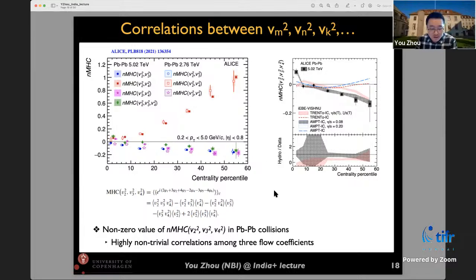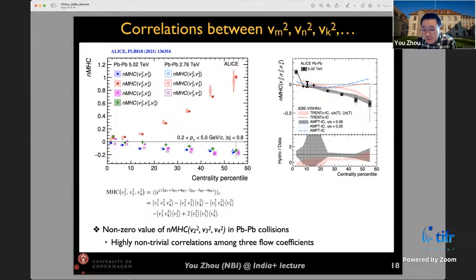And this is clearly a non-trivial correlation between the three different flow coefficients. And when you compare to the model calculations that can describe, again, V2, V3, V4 as a function of centrality, they fail quite a bit when you compare to the new observable. So for example, take the AMPT, i.e. the Vishnu hydrodynamic model calculation using AMPT initial conditions. They can describe V2, V3, V4 as a function of centrality, right?